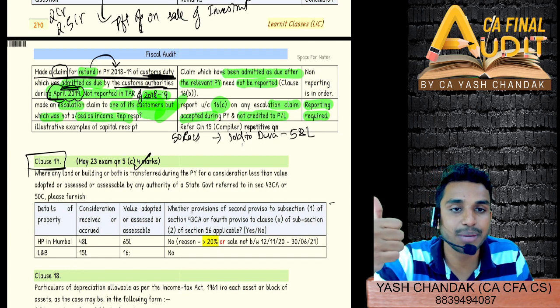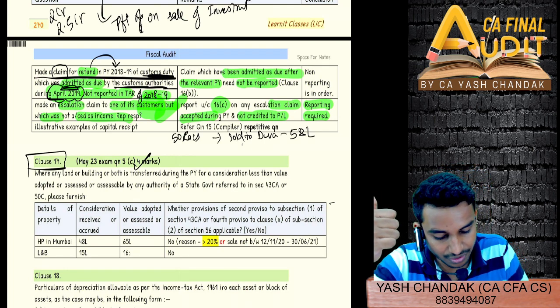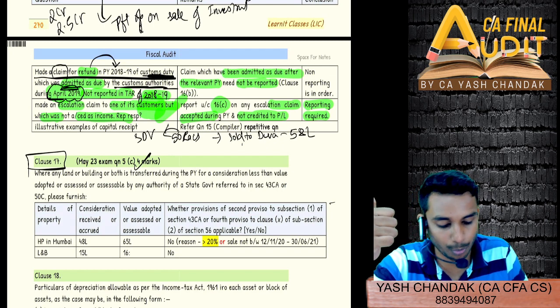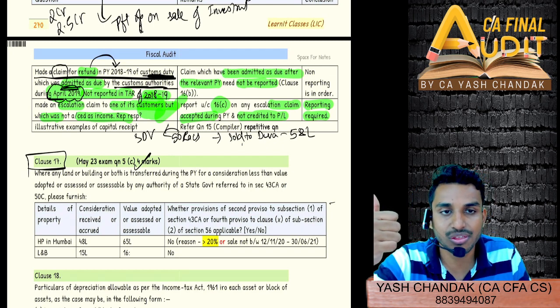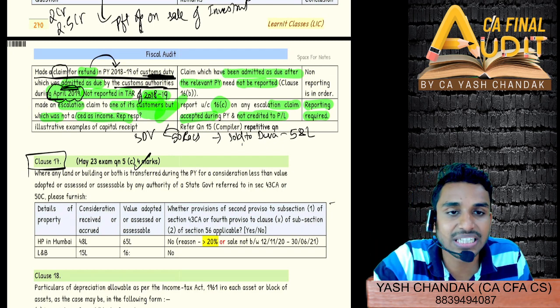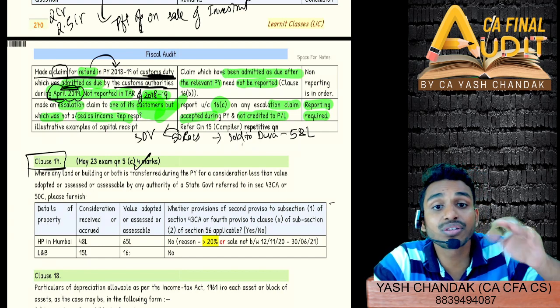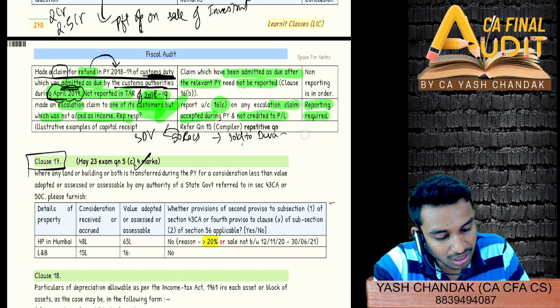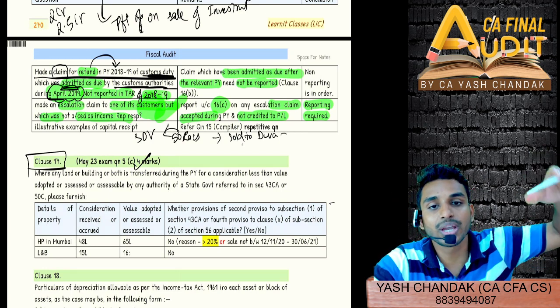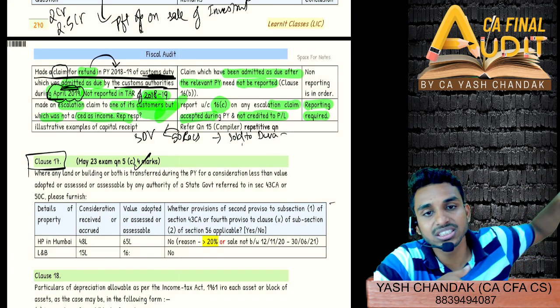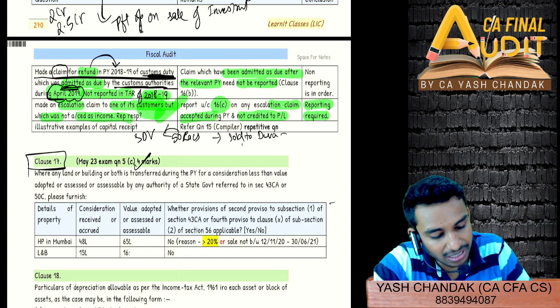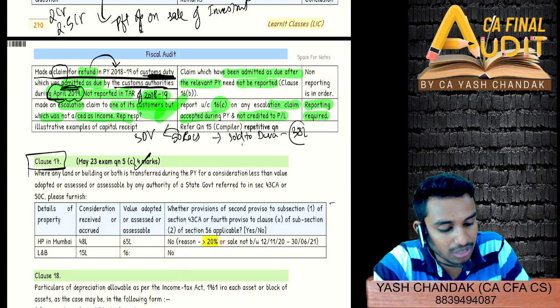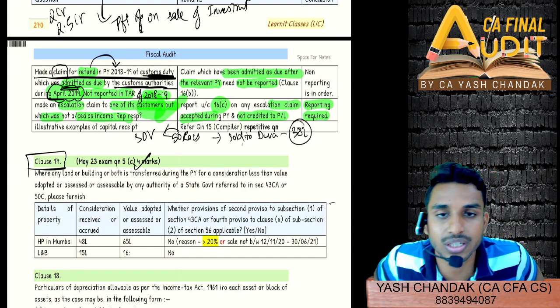Is it greater than the stamp duty value or not? Stamp duty value of this property is 50 lakhs. Yes. So there is no problem, the income tax department will not say you are understating your income. But what I can do is simply tell Deva, bhai, you can just give 20 lakhs in cash, black money, and the rest 38 lakhs only we will show as full value of consideration.